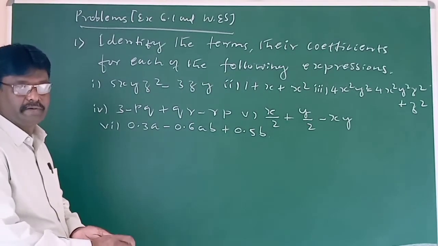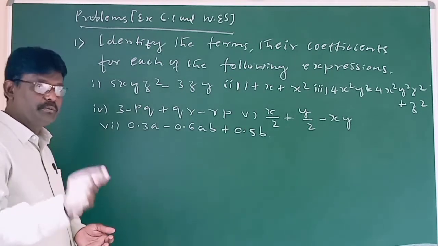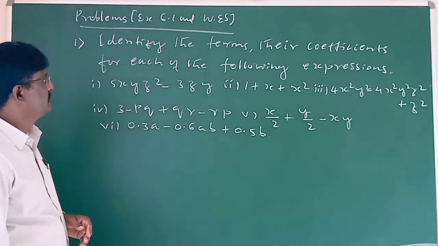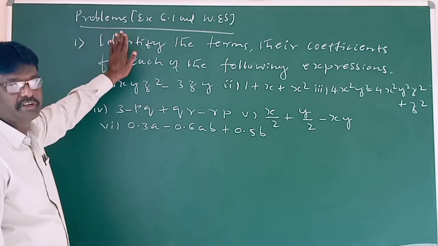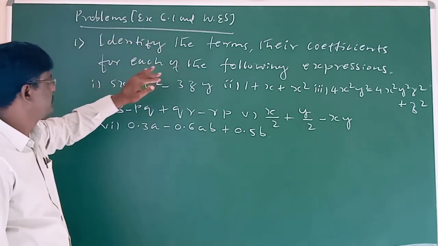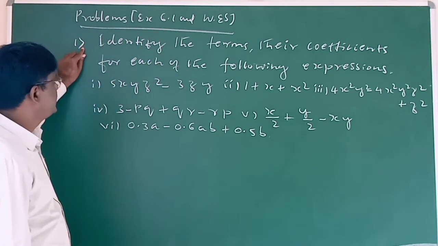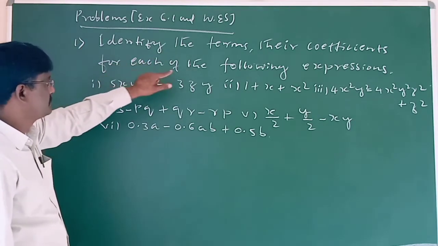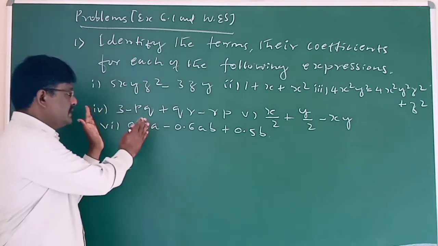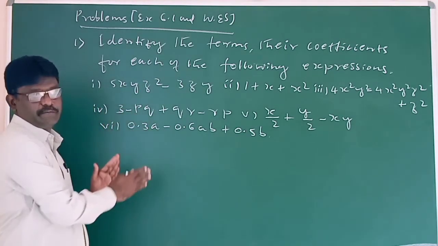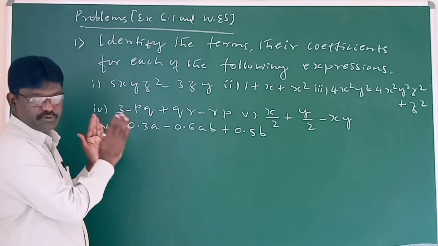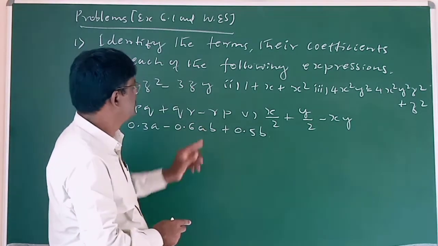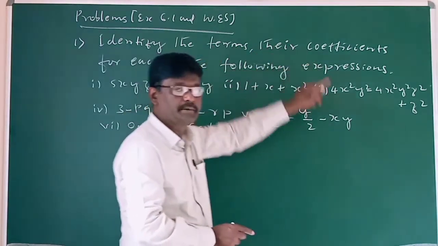Okay, children, now we shall solve some simple problems from exercise 6.1 and the worked examples, with respect to our textbook. First, identify the terms and their coefficients for each of the following expressions. There are about 6 expressions listed. From these expressions, you are expected to write the terms and their coefficients.